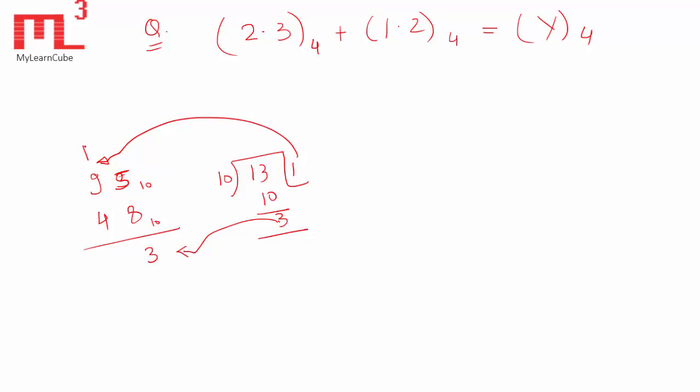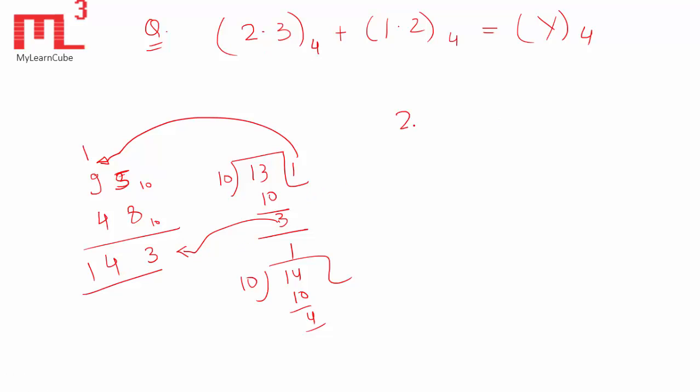Again, 9 plus 1 plus 4 is 14. 14 divided by 10 gives quotient 1 and remainder 4. This is the way we solve in decimal, and the same concept applies in all base systems.